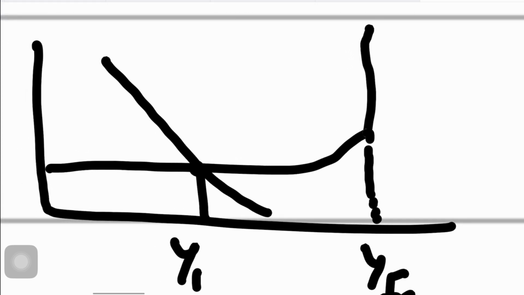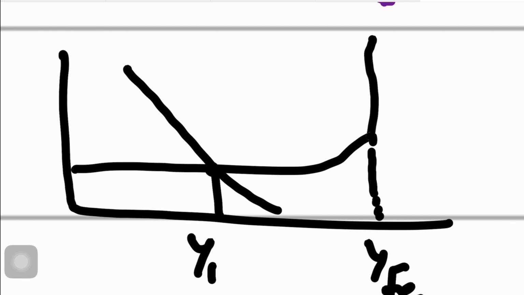So you have a lot of room in this area to play around, and policymakers could keep on stimulating aggregate demand to a point that full employment is reached and the recession ends, and so deflation is corrected, right?